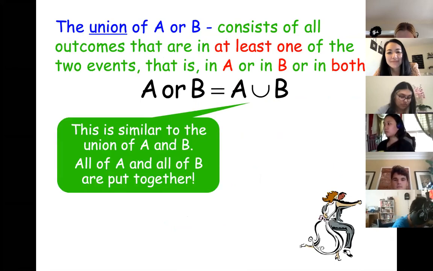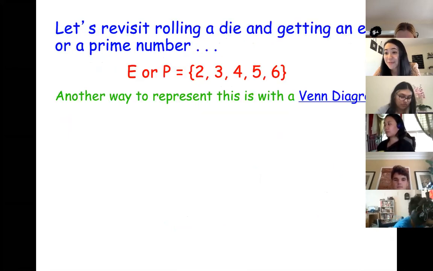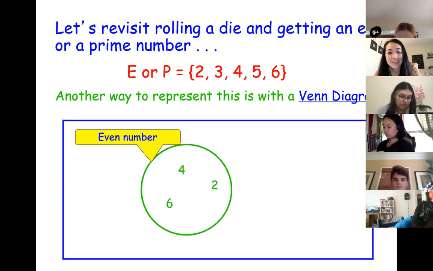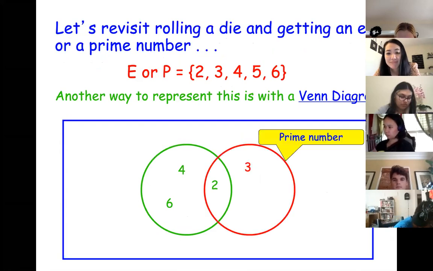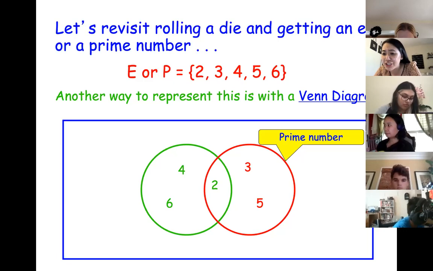All right, Venn diagram wise, let's see what this looks like. Here's E. Here's P. Notice 2 is in both. So 2 is in the intersection of the events E and P. If I want to shade the event that represents E or P, where do you think I'm going to shade?